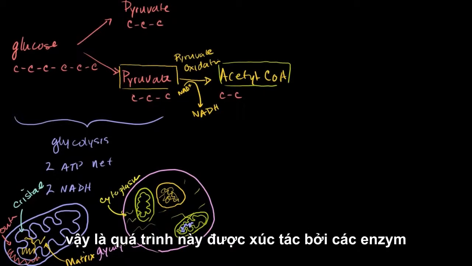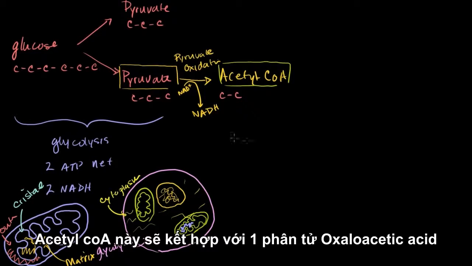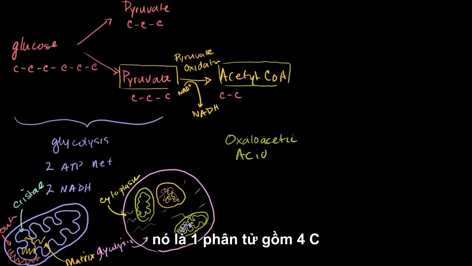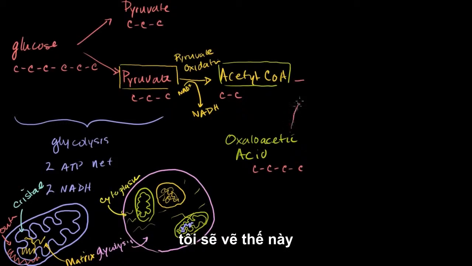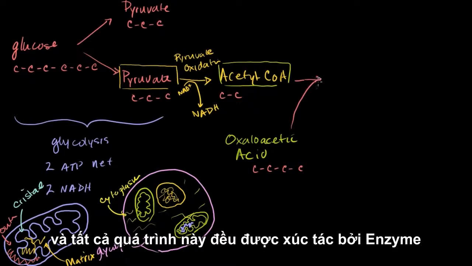So catalyzed by enzymes, this acetyl-CoA merges with some oxaloacetic acid, very fancy word, but this is a 4-carbon molecule. This is a 4-carbon molecule right here. These two guys are kind of reacted together or merged together, depending on how you want to view it. Draw it like that. It's all catalyzed by enzymes.